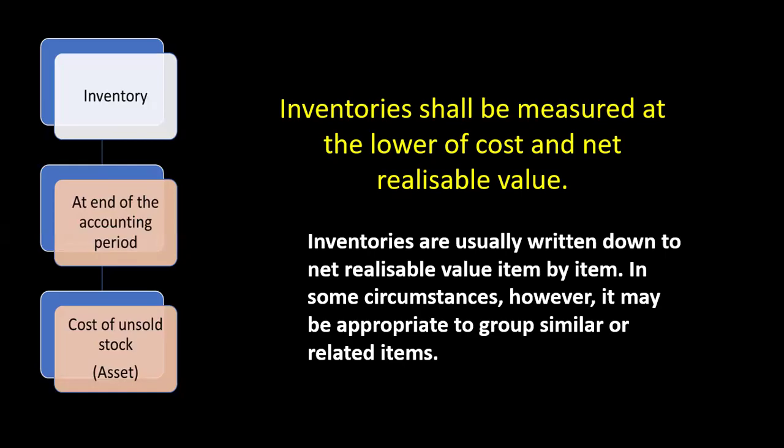Item 1, cost value, NRV, whichever is lower. Item 2, cost value, NRV, whichever is lower. Or in some circumstances, if it is not possible to identify like that, the entire group of materials can be clubbed together and the market value compared with the cost value, and whichever is lower will be recorded.